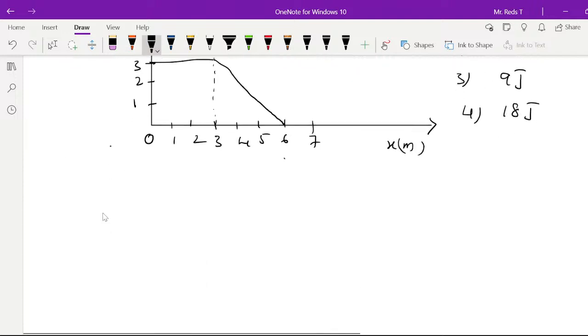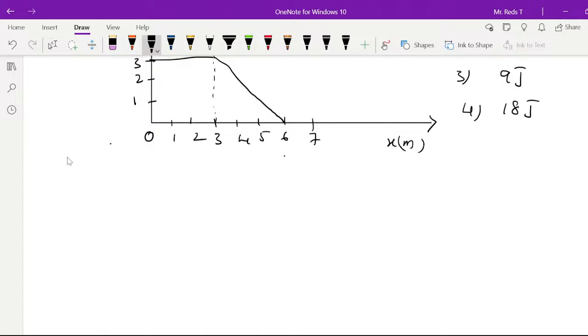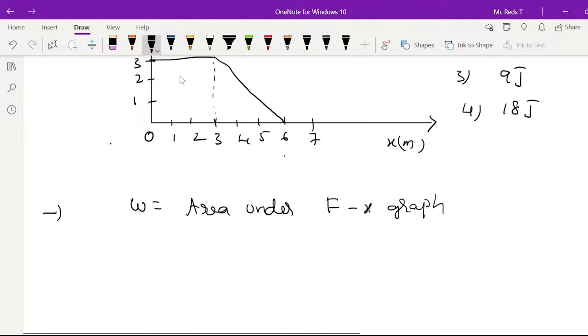Work done in a force displacement graph, W is equal to the area under the Fx graph. Here displacement is x. You can divide this into two shapes, the first into a rectangle, the second into a triangle.